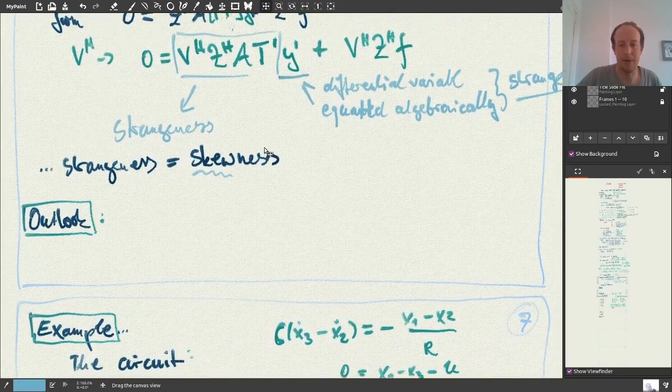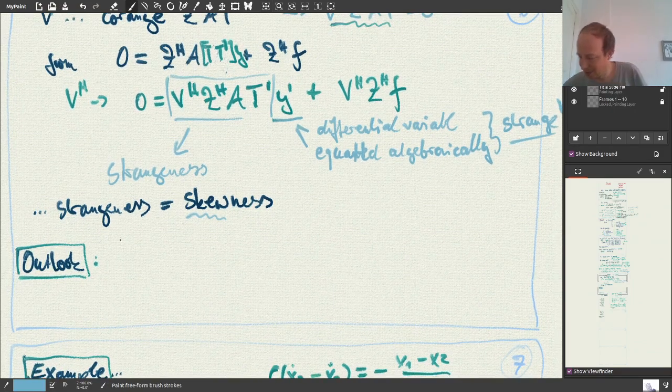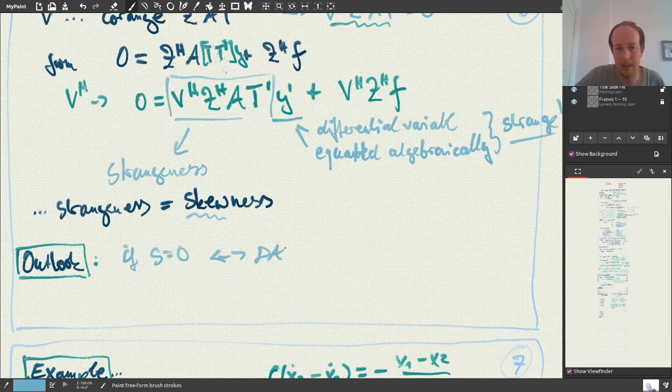And before we get to the example, I tell you this outlook. What did I want to say in this outlook? Okay. If S is equal to 0, then the DAE is strangeness free.